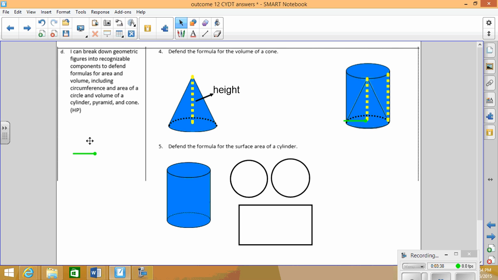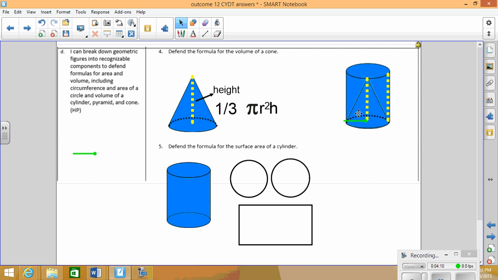So that's where these formulas come from, because the formula for a cylinder is pi r squared times h. And so all that's being done here is just 1/3 of the volume of a cylinder is what the cone makes up. So that's where the 1/3 comes from.